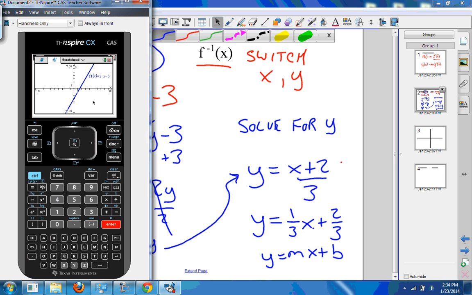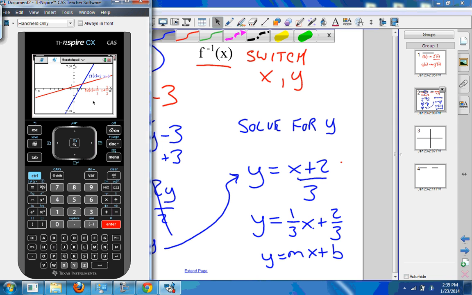Now, if I also graph the inverse, 1 over 2 x plus 3 over 2, and hit enter, the red one there is the inverse.